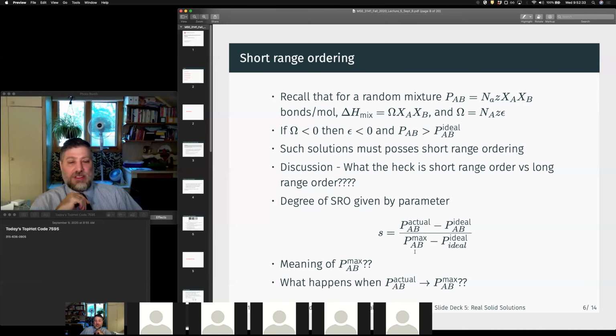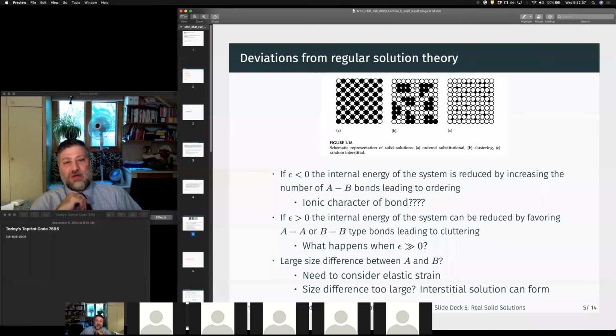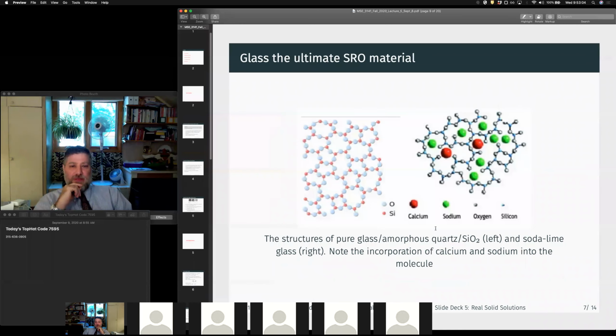So this P_AB max corresponds to a figure like this. It's a difference from random versus the greatest possible deviation from random that you can have. And as this P actual heads to max, we max out this short range order parameter and we tend towards long range order.